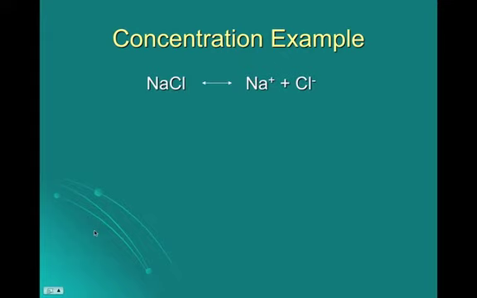All right, so concentration example, you've got sodium chloride, the ionization of sodium chloride, basically taking sodium chloride salt and dissolving it in water, which as soon as sodium chloride hits water, it turns into sodium ions and chlorine ions.